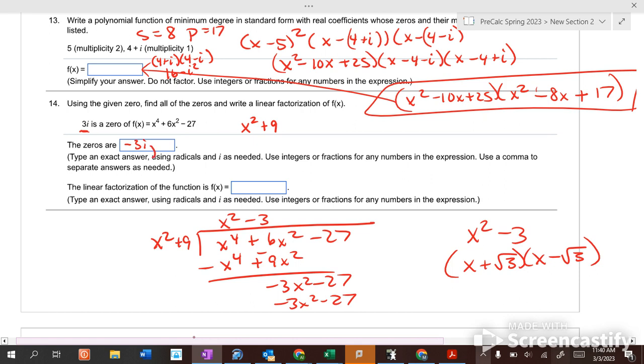So it's negative 3i, negative square root of 3, and positive square root of 3. So the linear factorization is x minus 3i, x plus 3i, x minus square root of 3, and x plus square root of 3.